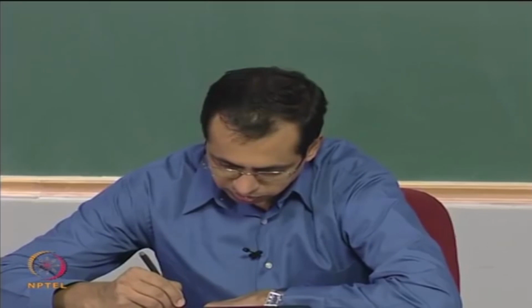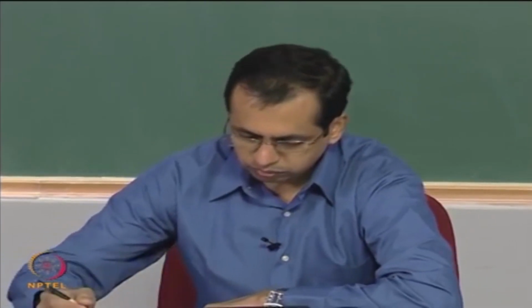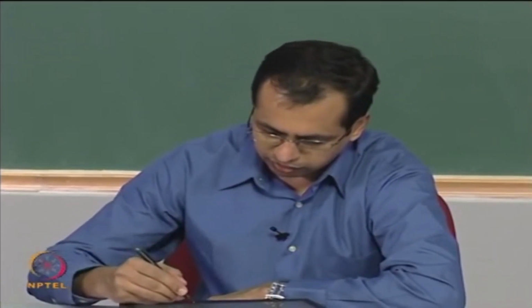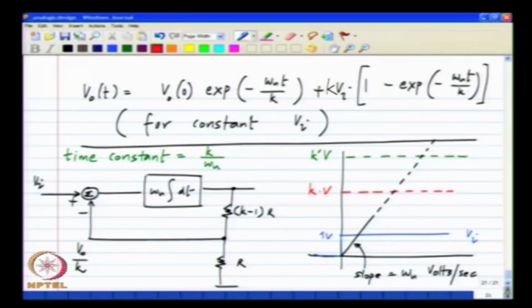Now, as the output increases, the value of the error decreases and the slope gradually reduces, but the initial slope is independent of the value of k. Let me draw this line all the way through. For the case shown in red, that is for a gain of k, it starts with this slope and then gradually reaches steady state, and for the case shown in green, it again starts with the same slope and has to reach a higher steady state.